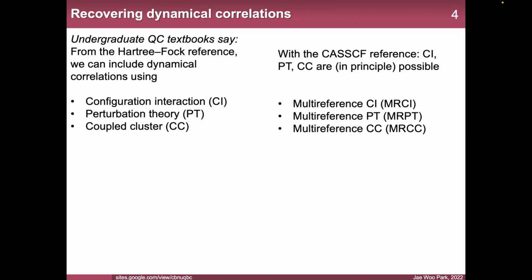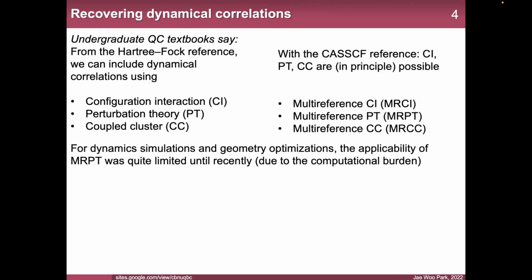With multireference theories, the situation should be the same, although there are some problems with MRCC that Professor Plasser mentioned. There is MRCI, there is MRPT, and MRCC can be defined at least. But MRPT should be the cheapest, as among CISD, MP2, and CCSDT, MP2 is the cheapest.